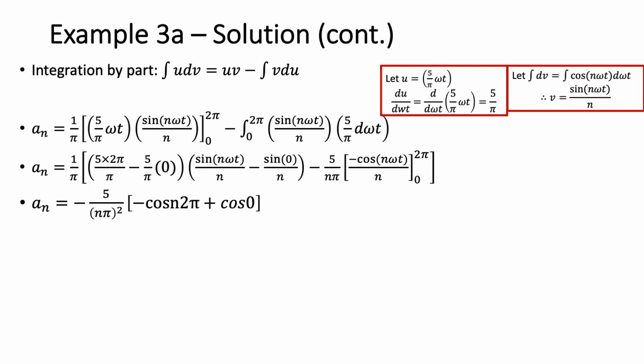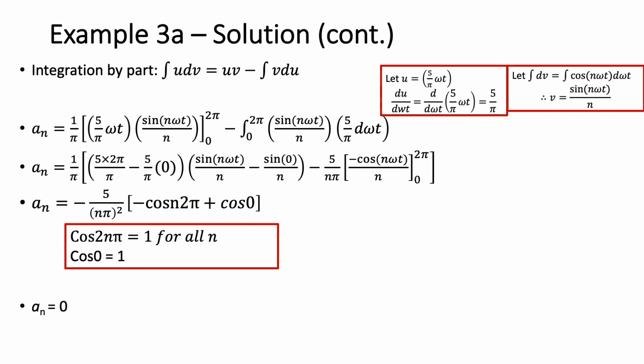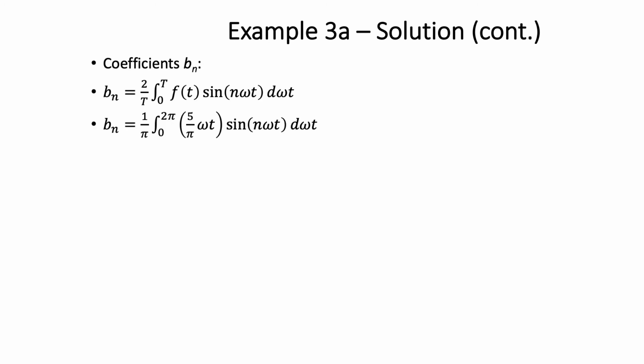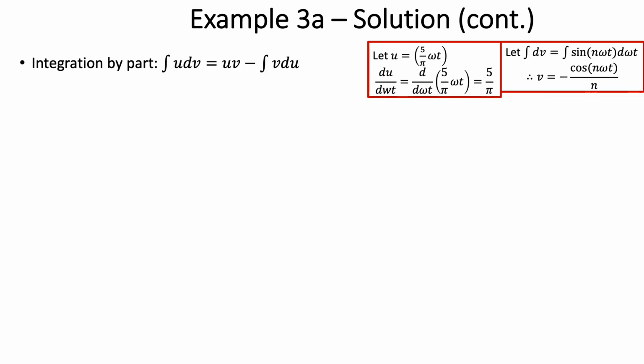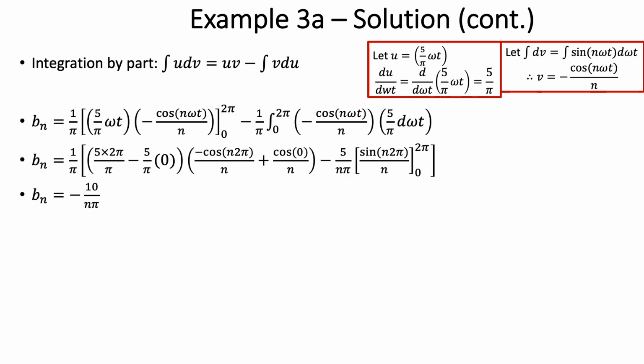Finally, we have our a_n equal 0. Next, we determine the coefficient b_n using the formula, and we have to do integration by parts. Finally, our b_n is minus 10 over n pi.